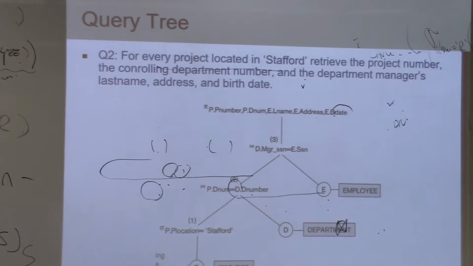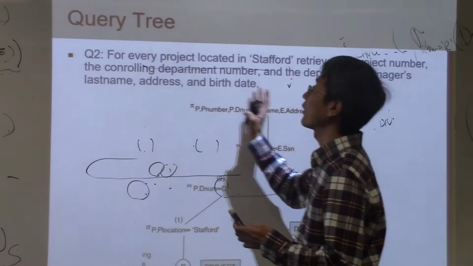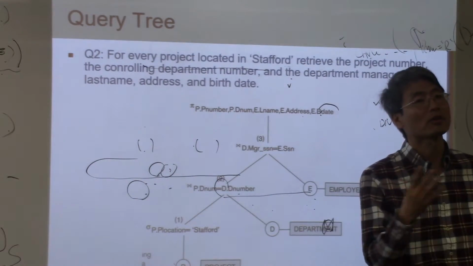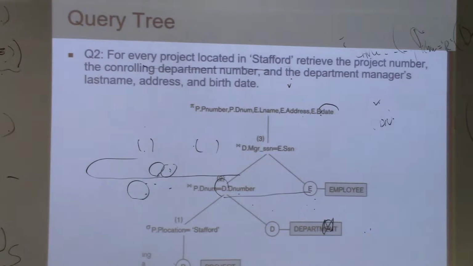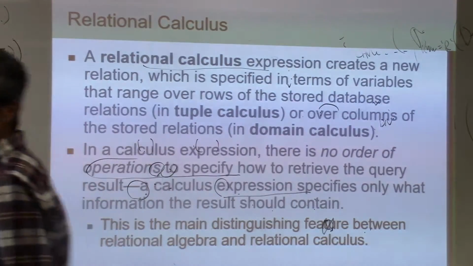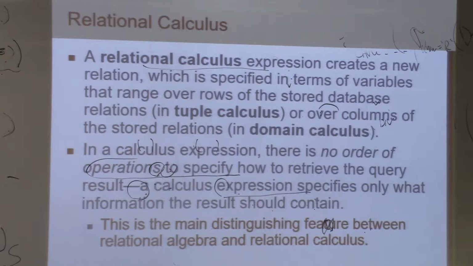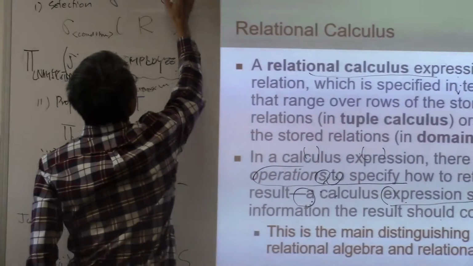Okay. Next class, I will show you some more examples and also some other types of representation of relational algebra operations and expressions. Meanwhile, because it's too long, the homework is exercise 8.17.